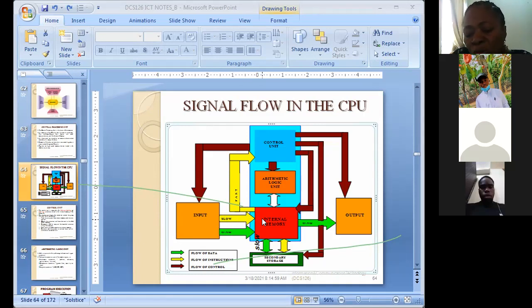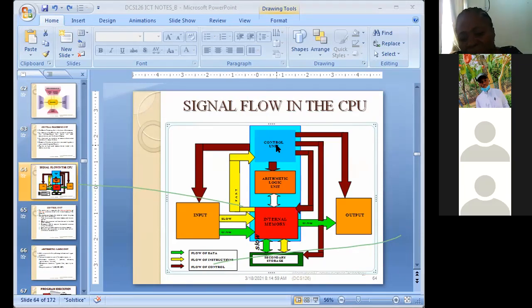But it goes into the internal memory, drops the input, whatever it is. The internal memory will now signal the control unit through this arrow. This arrow is a faster one, faster than the one coming from input. So it signals the control unit and tells it that it has received data and the message of instruction.